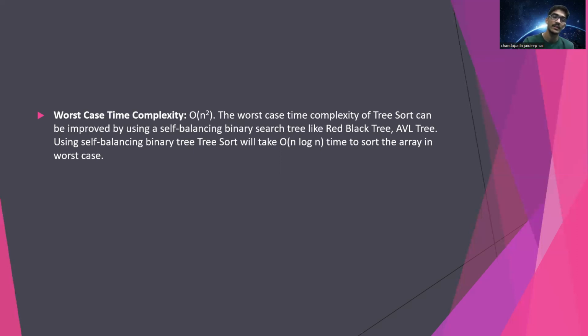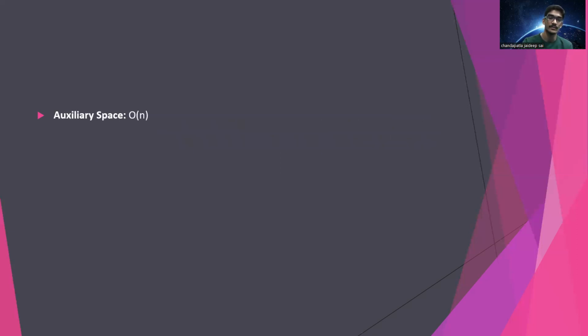This is about the worst case. And the auxiliary space, the space complexity, is O(n). The tree sort algorithm occupies O(n) space.